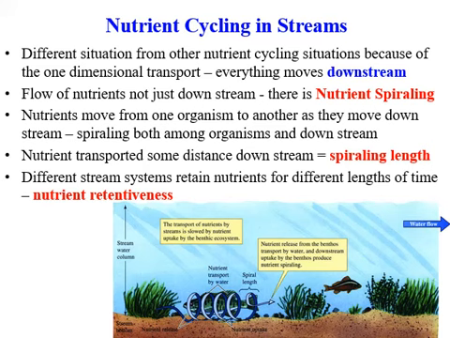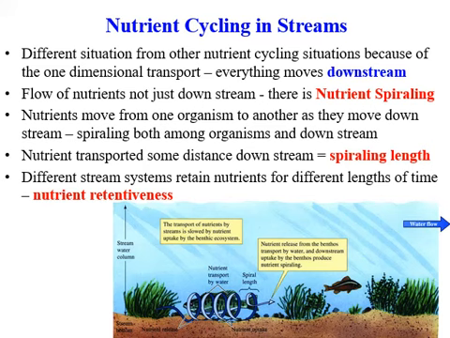So if we look at this figure and you look at this fish that's got the loops around it, there's nutrient transport by the water moving downstream, but there's nutrient uptake by different plants. There's nutrient movement upstream by organisms as well. And so a characteristic of nutrient cycling in streams is this idea of nutrient spiraling, where the nutrients are moving downstream in the water, but they're moving upstream to a certain extent within organisms.